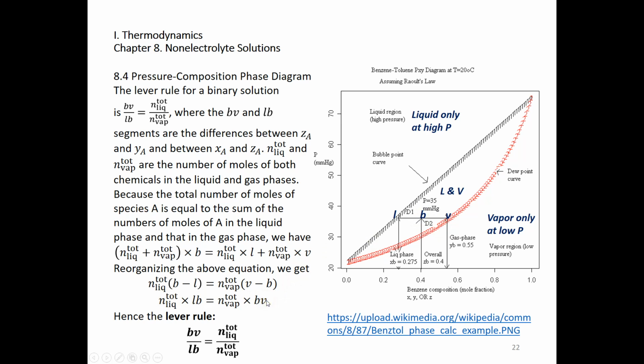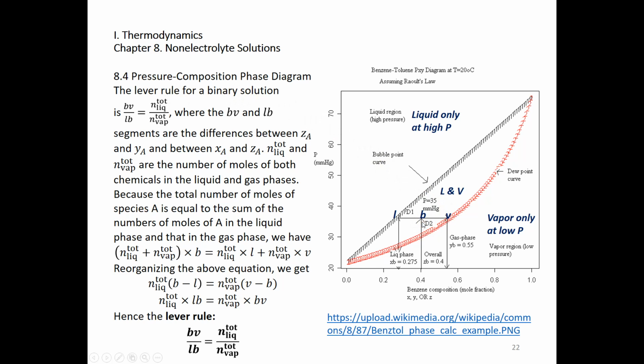So we have this equation. And then we can reorganize this equation again. So BV divided by LB, so both sides divided by LB, is equal to N liquid over N vapor. From here to here, it's just very simple algebra. We have just proved this lever rule for a binary solution.